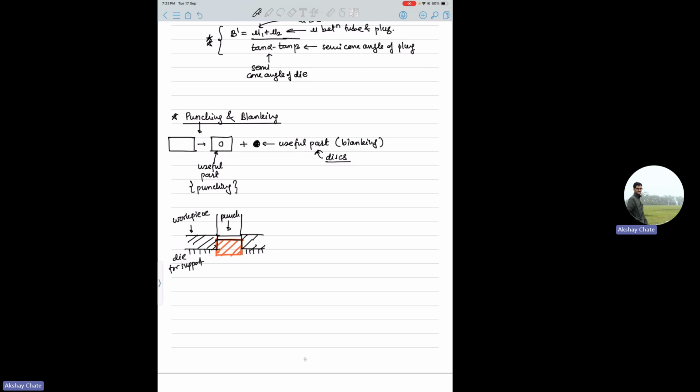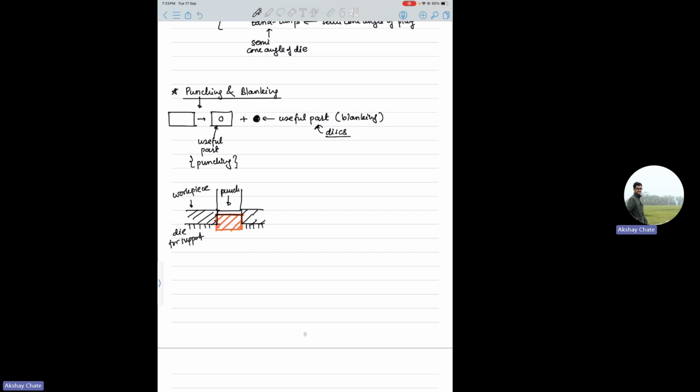But the difference, and it is asked in many competitive exams, is about the clearance. You should remember that in the punching operation, the clearance is provided on the die.